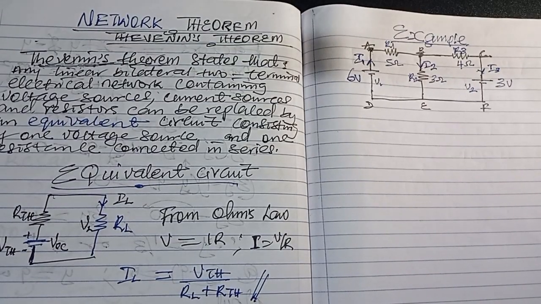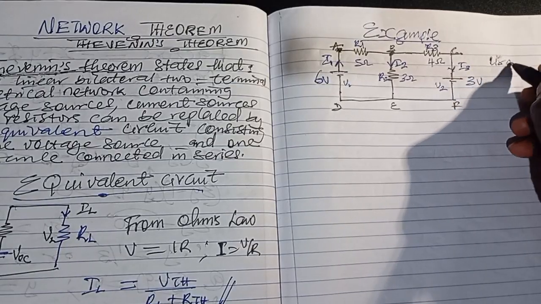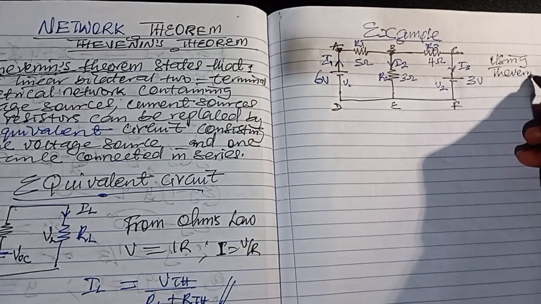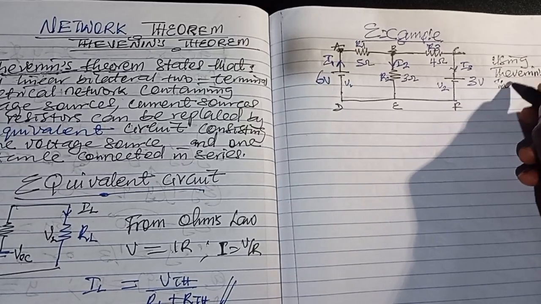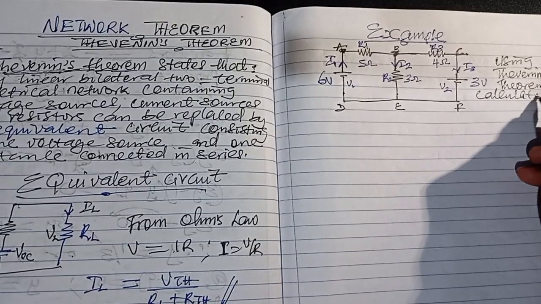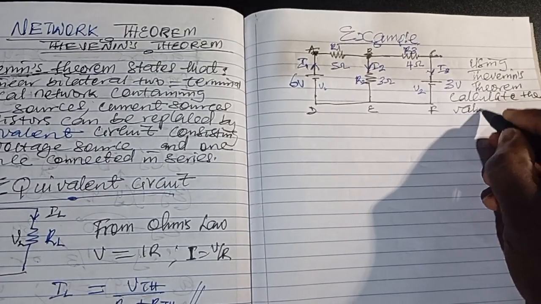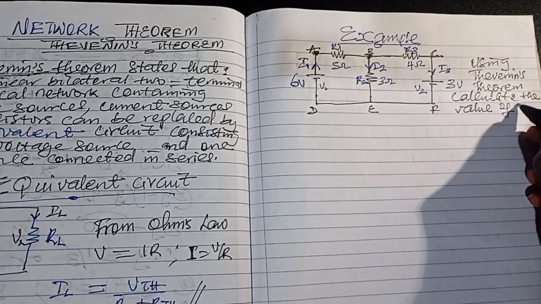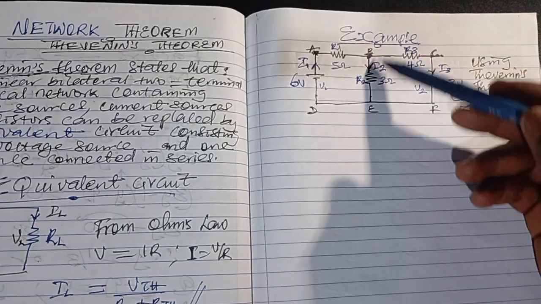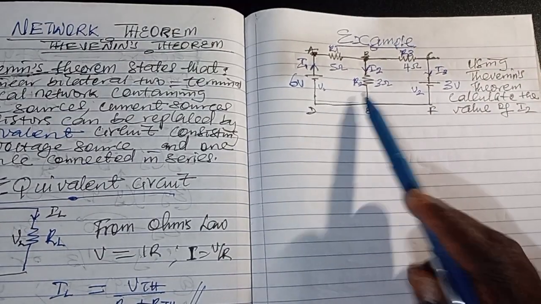Now, the question is, using Thevenin's theorem, calculate the value of I2. I2 is the current through branch BE, or you call it IR2.